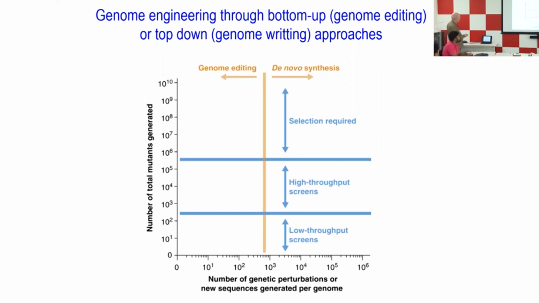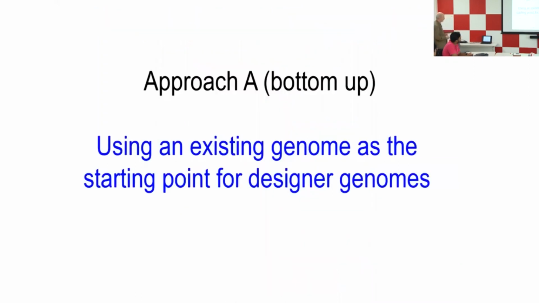The main advantage of starting with something that exists and putting things in and out is that you start with something that works, and then it's a question of securing that the new modifications that one enters in the genome are viable. With something de novo, you are never sure that what you enter will work, and therefore you also have to add some steps for selection.